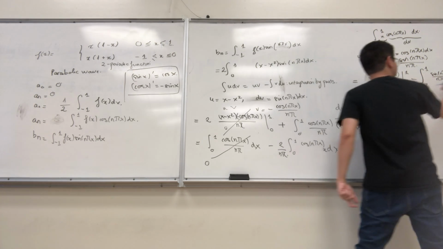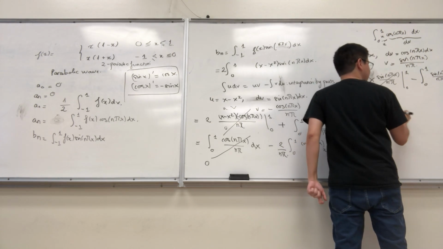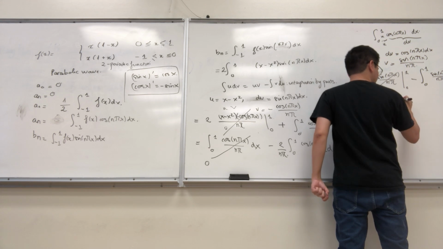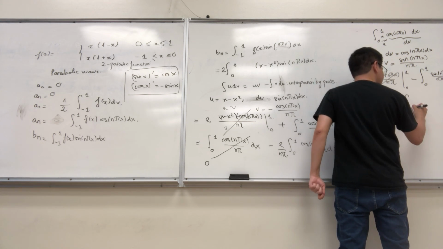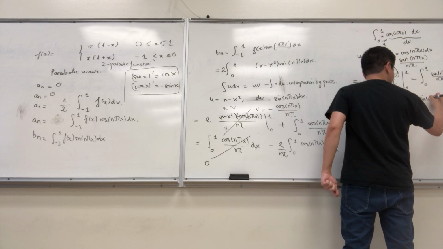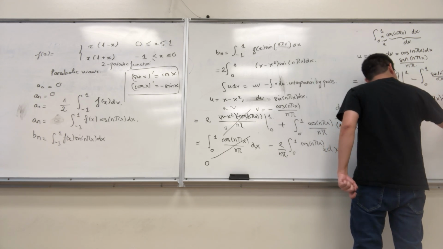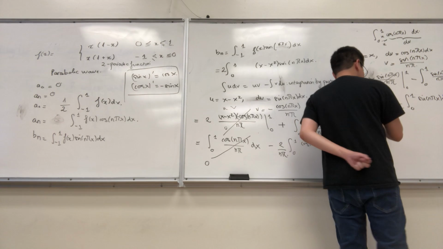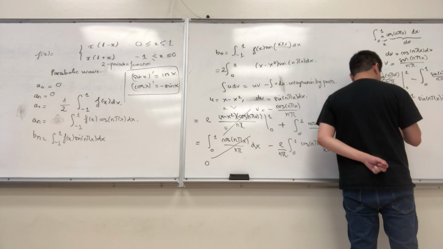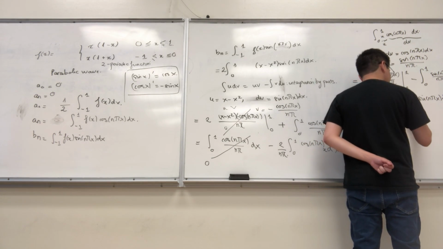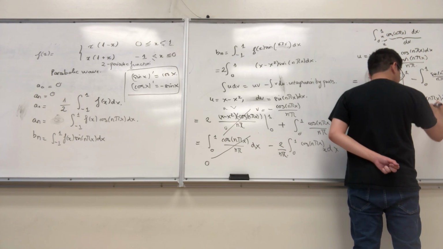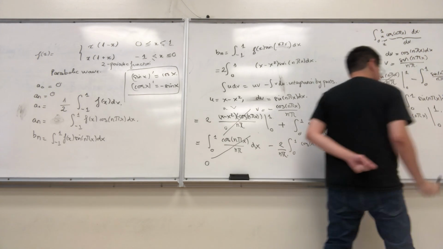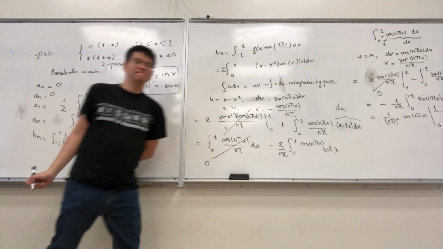And the second part will give me minus 1 over n pi, integral from 0 to 1 of sine of n pi x dx. This will give me 1 over n pi squared cosine of n pi x, and I evaluate at 0 and 1.